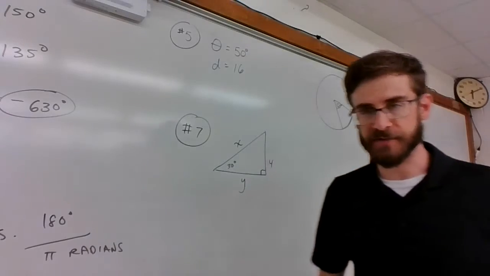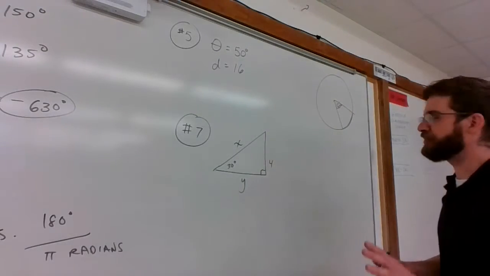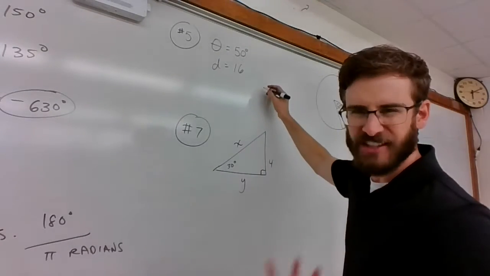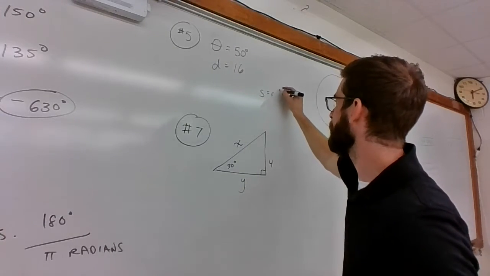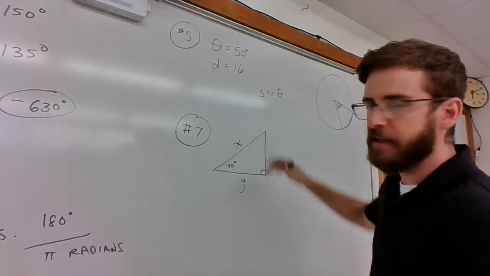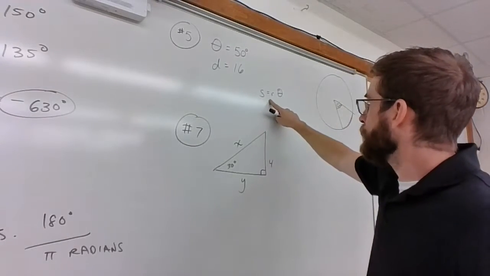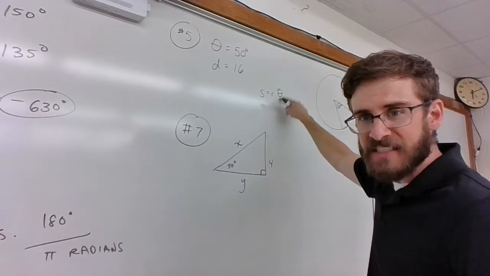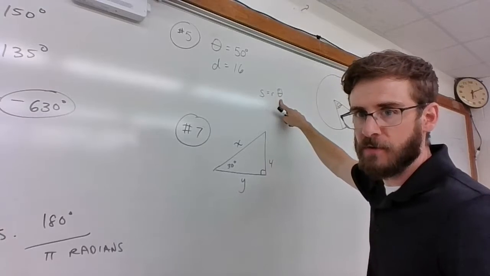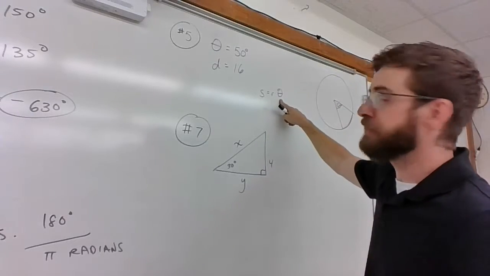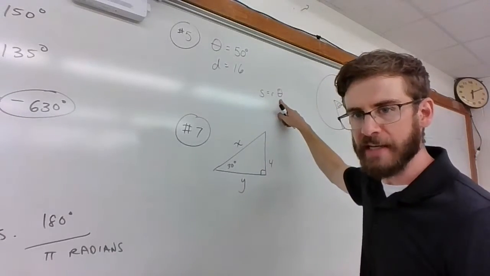in terms of radians. The way we can do that is using the formula called S equals R theta. They're basically saying the arc length, they call it S, is equal to the radius length times the central angle. So the central angle right here is 50 degrees, but they want it in terms of radians.